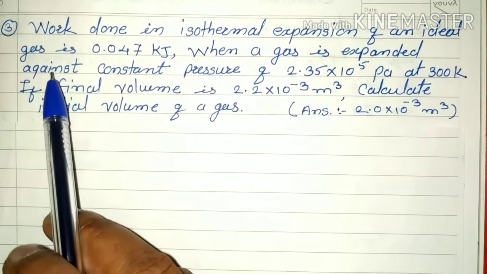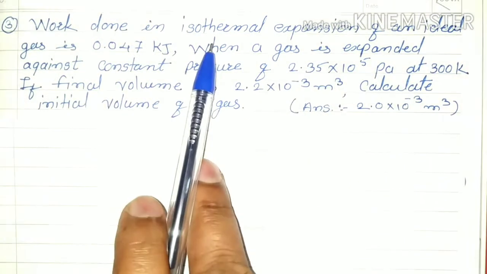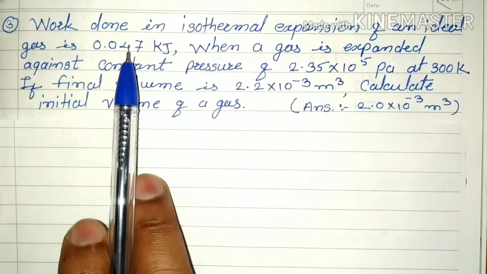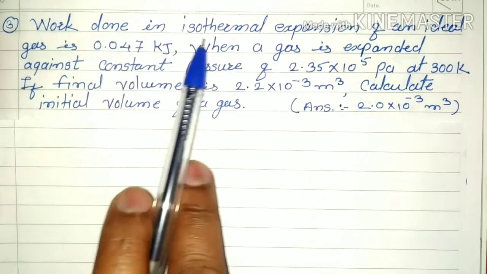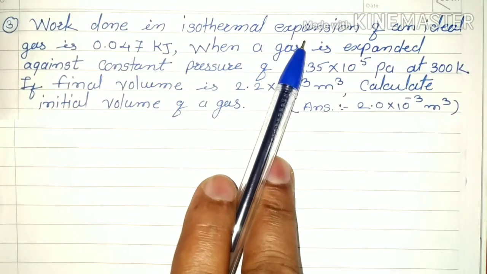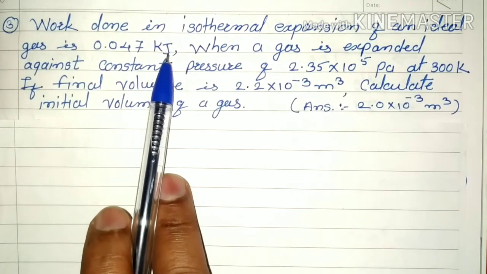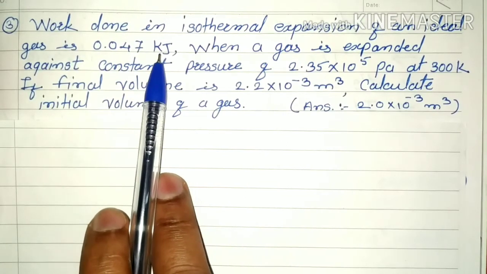So this is our last problem. Work done in isothermal expansion of an ideal gas is 0.047 kilojoule. So work done is given here in isothermal expansion is 0.047 kilojoule, means W is equal to 0.047 kilojoule.